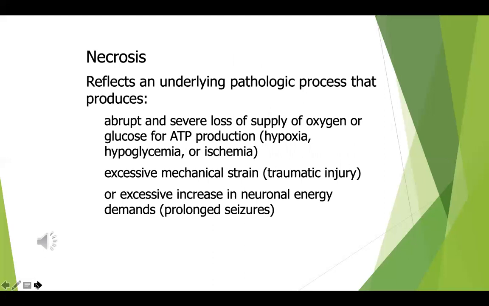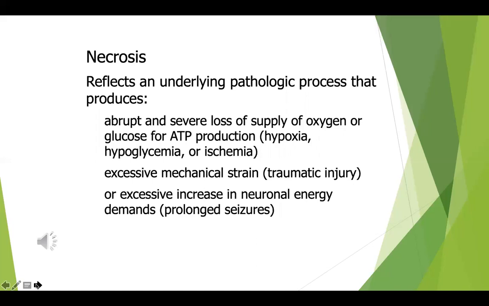So first would be an abrupt and severe loss of supply of oxygen or glucose for ATP production. This is very common among patients who suffer from stroke and cardiopulmonary arrest, as well as in prolonged states of hypoglycemia. Remember that the cells of the nervous system are very dependent on a steady supply of blood that brings these substrates.